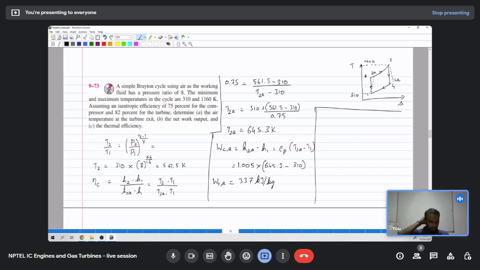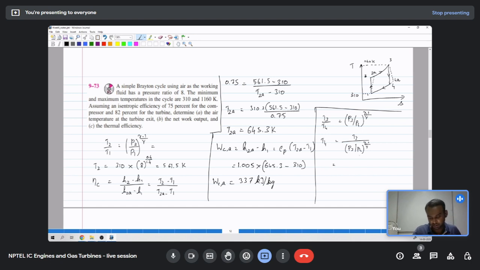We can similarly calculate the turbine work output. So for the turbine we have T3 by T4 is equal to P3 by P4 whole power gamma minus 1 by gamma. So that means T4 is equal to T3 divided by P3 by P4 power gamma minus 1 by gamma.